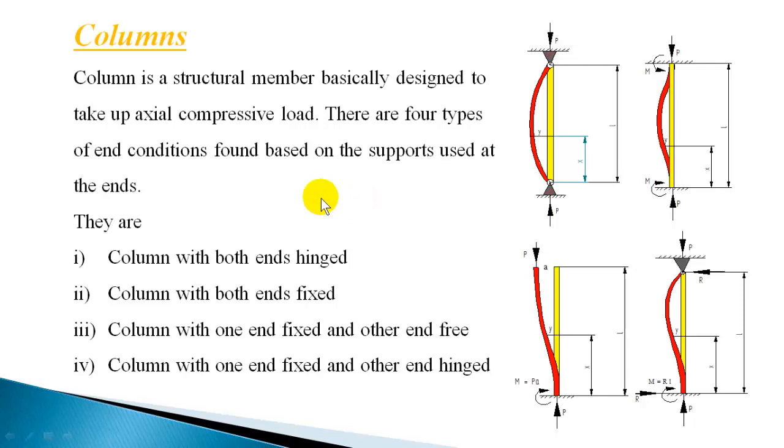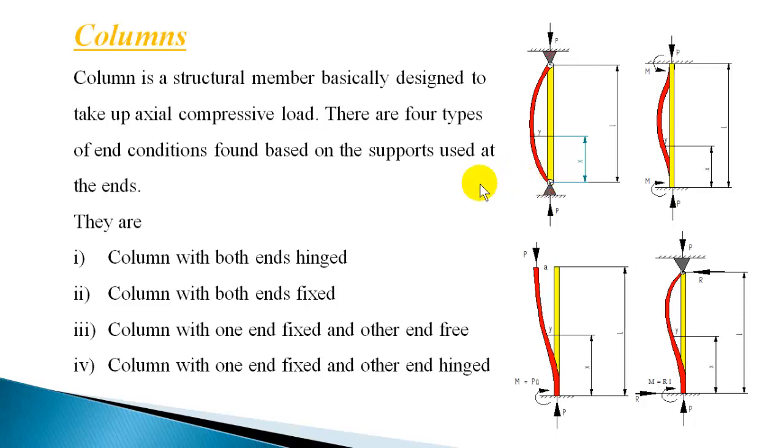of the loading. So when a column is built, there might be some imperfections, like the axis may not be perfectly straight, or maybe due to slightly eccentric loading. The loading may be applied slightly away from the axis.